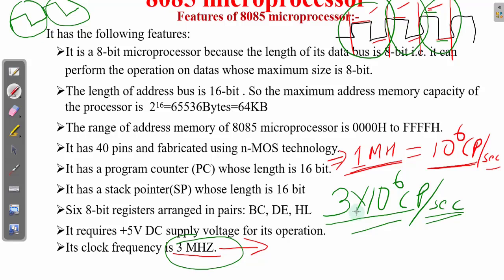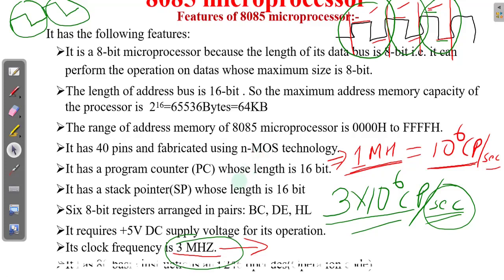So what is the use of a clock pulse? The clock pulse is used to execute instructions. Keep that in mind; we will understand later, don't worry. For the time being, remember that the 8085 microprocessor is capable of executing 3 into 10 to the power 6 clock pulses in 1 second. Tell me yes or no.